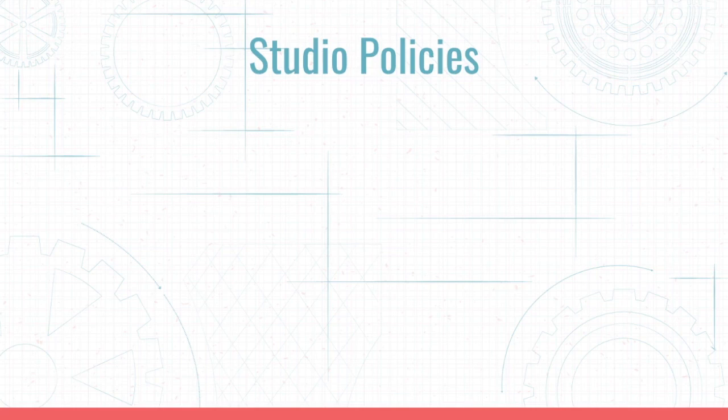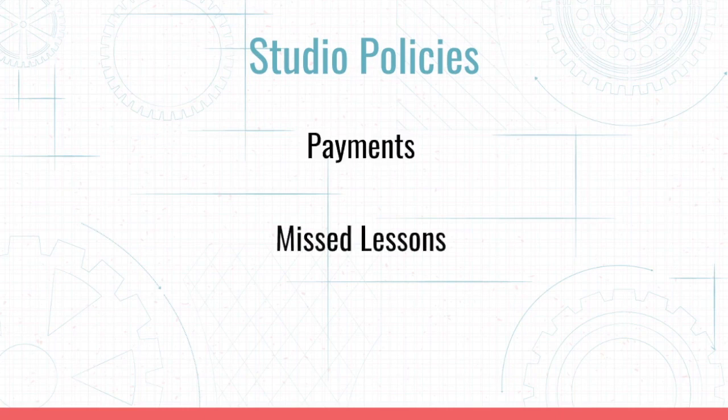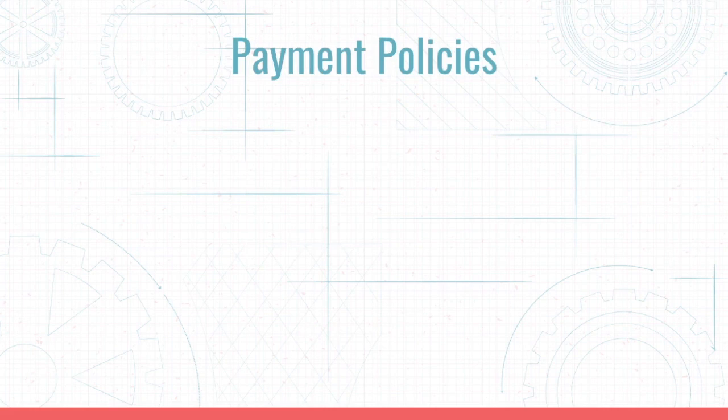The essential ingredients I think you have to have in your studio policies are some information about payments, missed lessons, what you're going to do when students aren't able to make it, and punctuality, lateness. So I think if you have those three bases covered, your policies are okay. So let's take a look at those three.